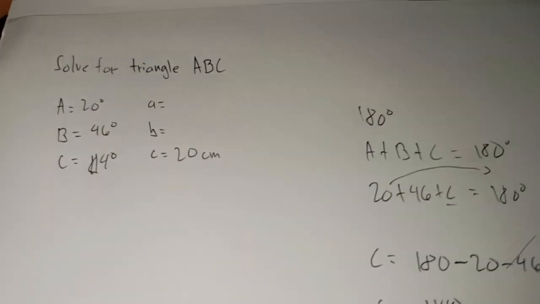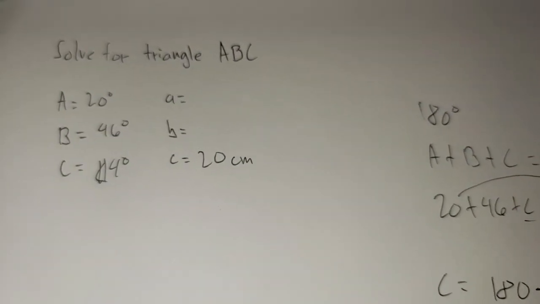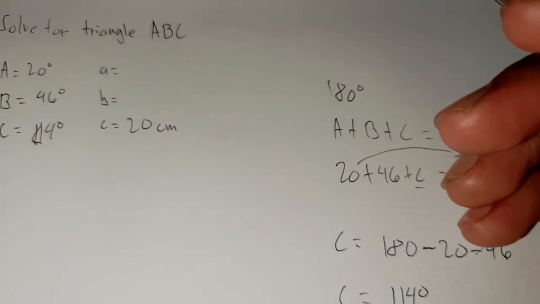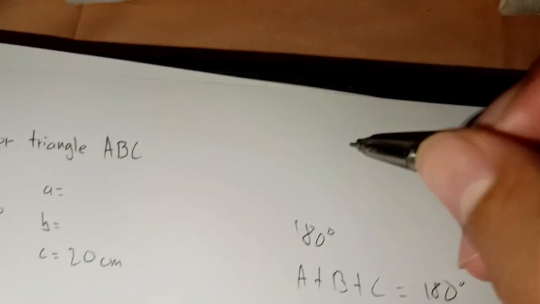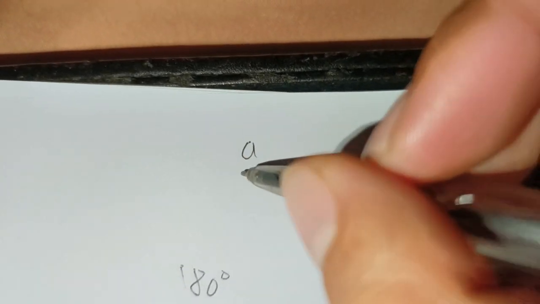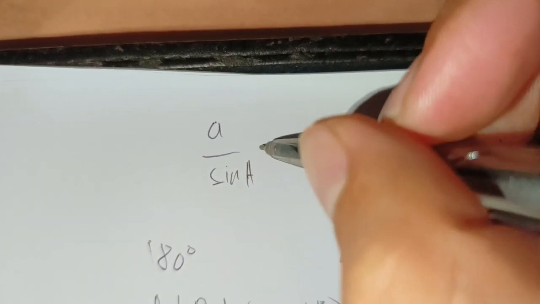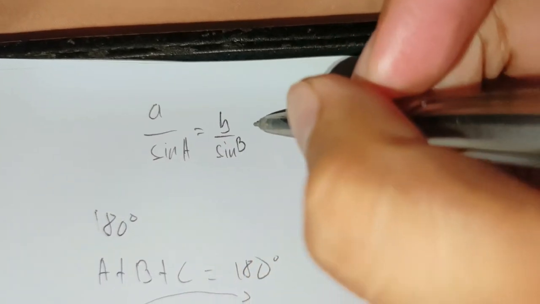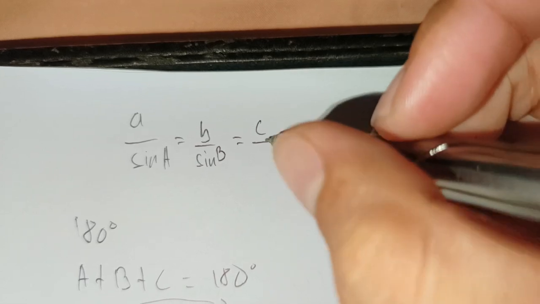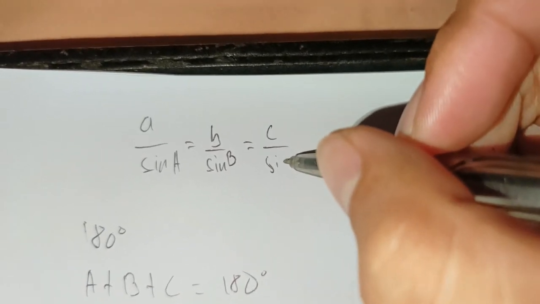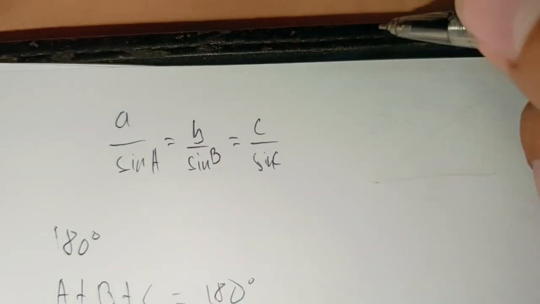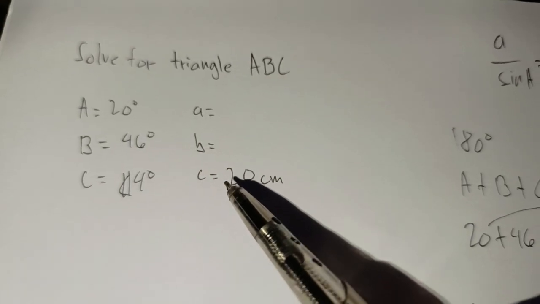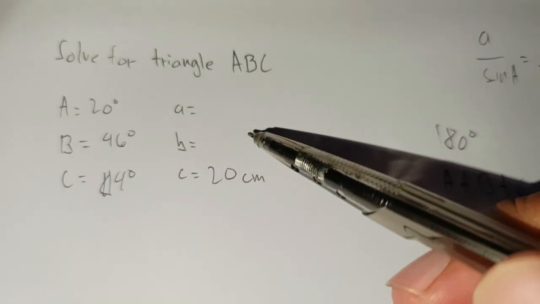Now for the next step, we use the formula that is used to solve an oblique triangle. Since we have the given numbers, we are now able to solve for the oblique triangle, where a over sine A equals b over sine B equals c over sine C. Notice that our c and angle C are complete, and we need to find the side in centimeters.